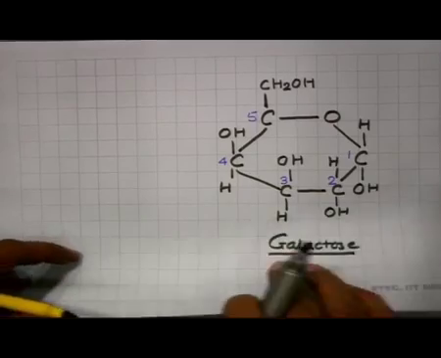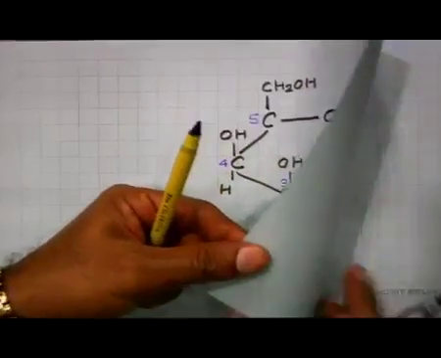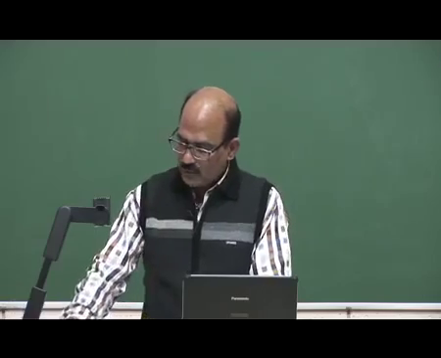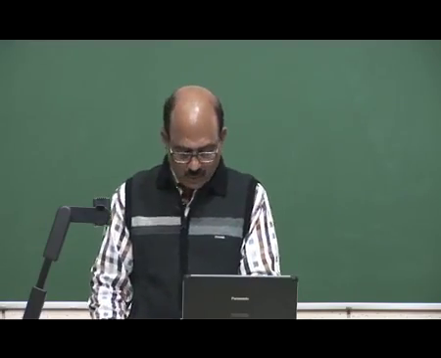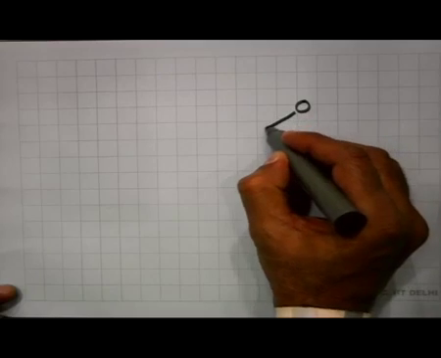Now, there is a slight difference in the ring form of glucose, galactose and fructose. The fructose is present in a furan ring. The furan ring has this type of structure.